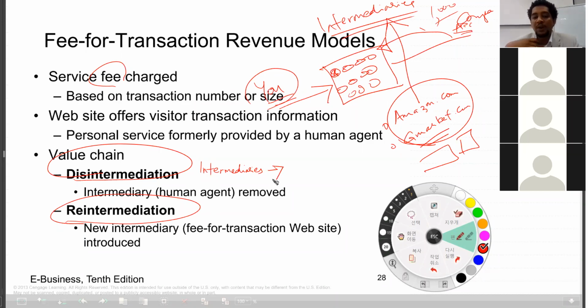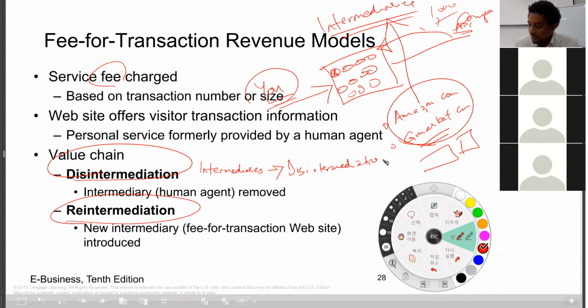So they did not want the help of intermediaries like Amazon or Gmart. They wanted to sell their own product from their own website, so they started to abandon or remove these intermediaries from their value chain. So that is called disintermediation.